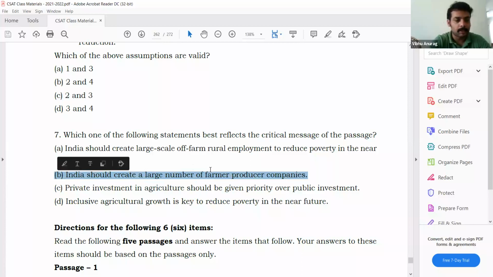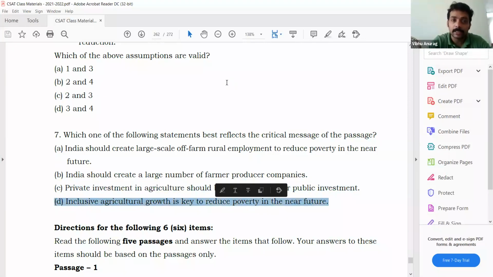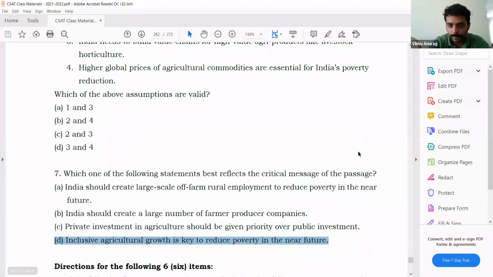This is also off-topic. C says private investment in agriculture should be given priority over public investment. No such thing has been mentioned. And D, inclusive agricultural growth is key to reduce poverty in the near future. That is correct, because he's talking about investments in agriculture and the positive impact of that. So the 7th answer should be D.